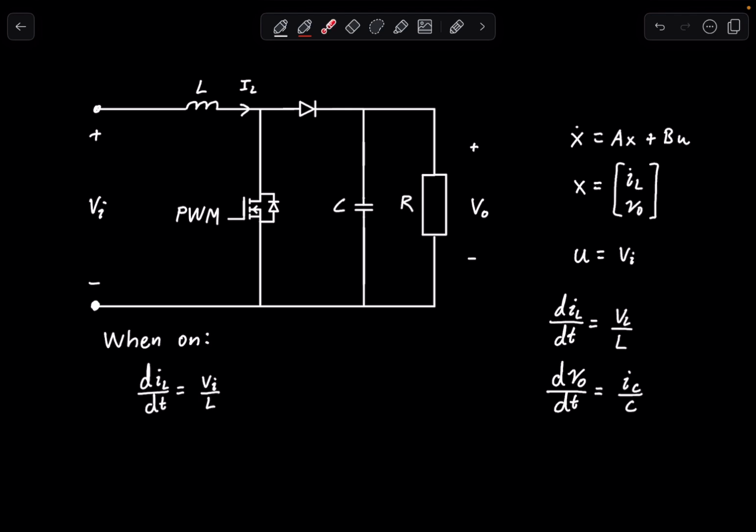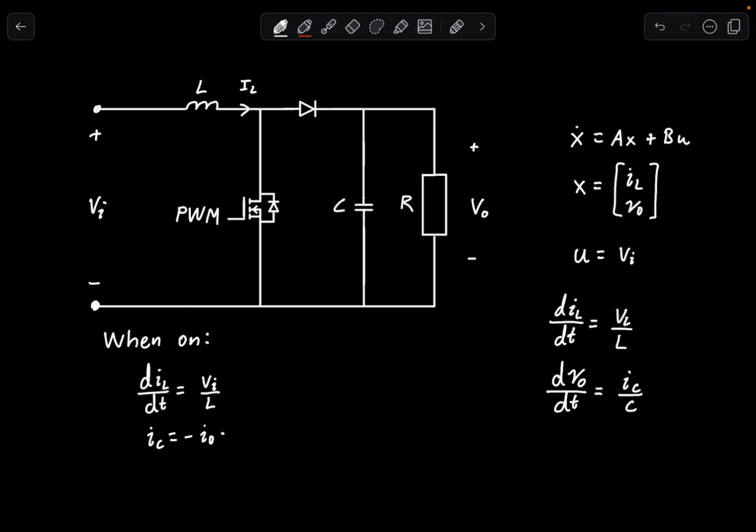Because the MOSFET is on, the current from the inductor will just go through the MOSFET and not through the diode, which means that the sum of the current in the capacitor and on the output is equal to 0. So we have that the current in the capacitor is equal to minus the current on the output.